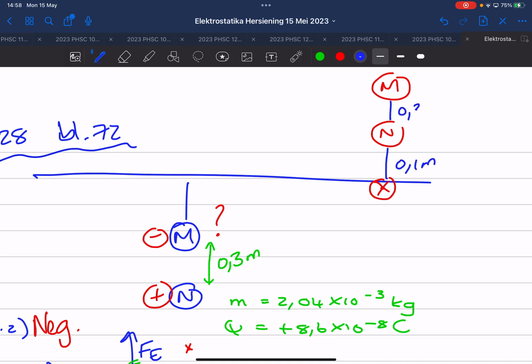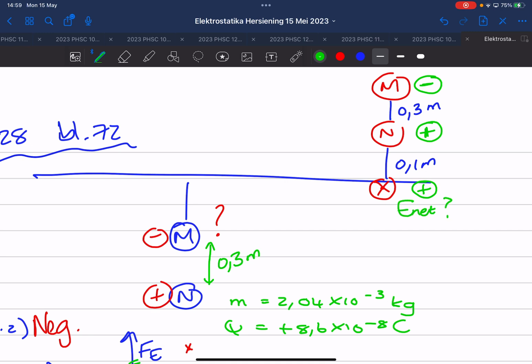Hierdie afstand daar was 0,3 meter. We know that M, we said was negative, N is positive. Wat is die punt altyd wat ons inset? Positief. Okay, en nou vra hulle vir jou bereken die netto elektriese veldsterkte.